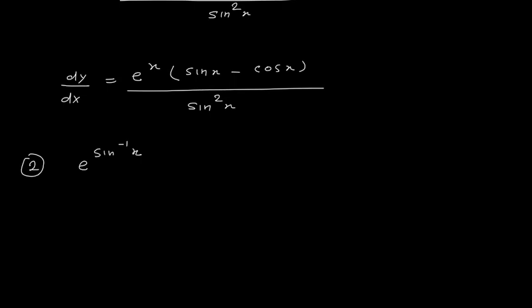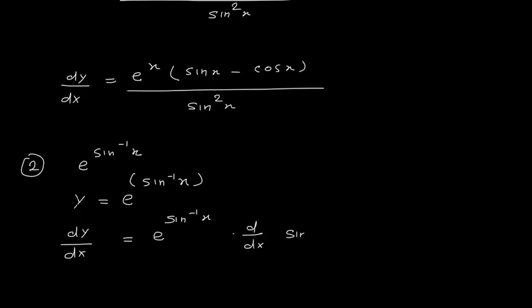Second problem is y is equals to e power sin inverse x. So if you differentiate dy by dx, the derivative of e power x is e power x only. So derivative of e power sin inverse x will be e power sin inverse x. And as this is a composite function, in place of x we have sin inverse x. We differentiate this sin inverse x.